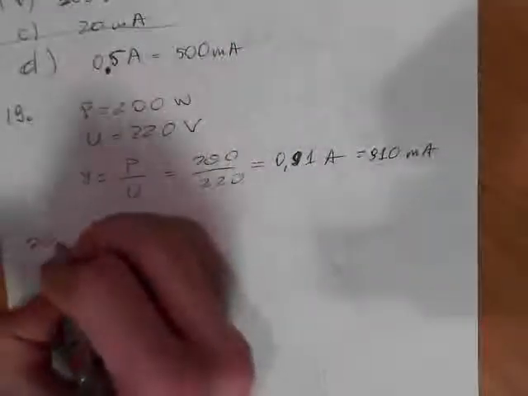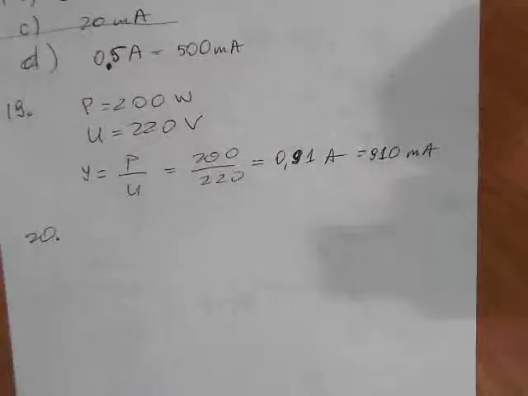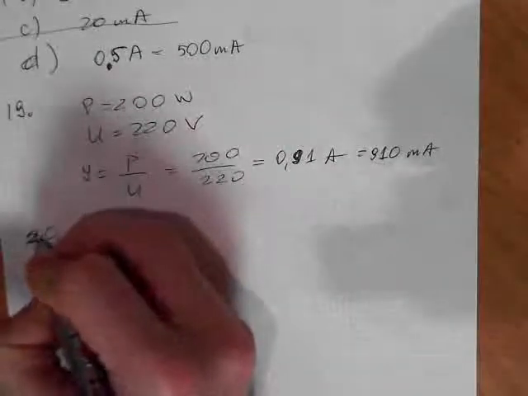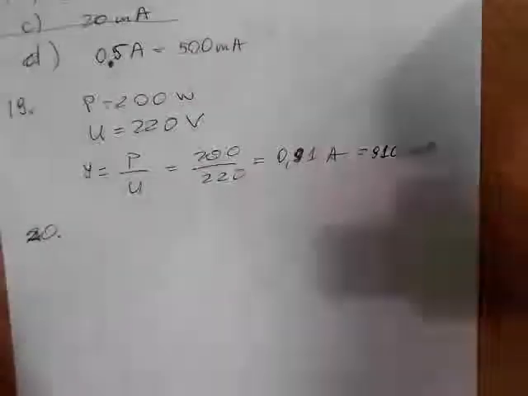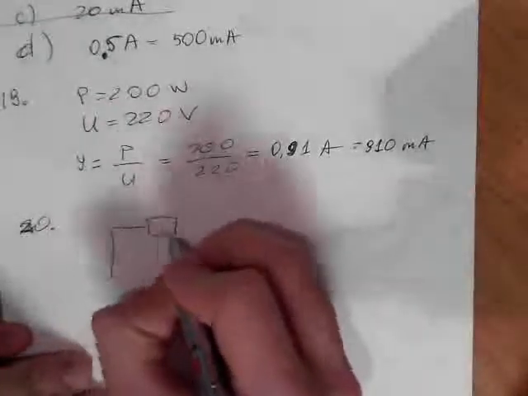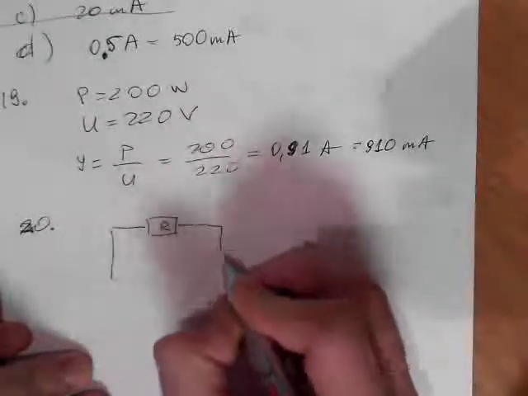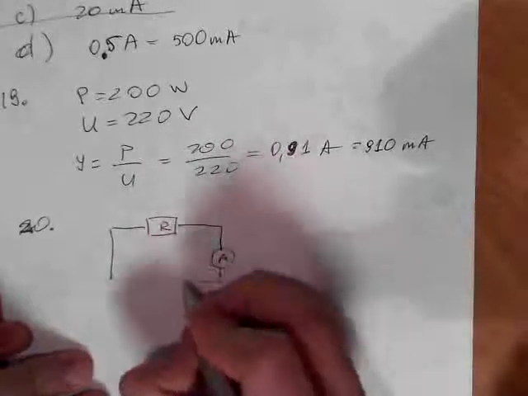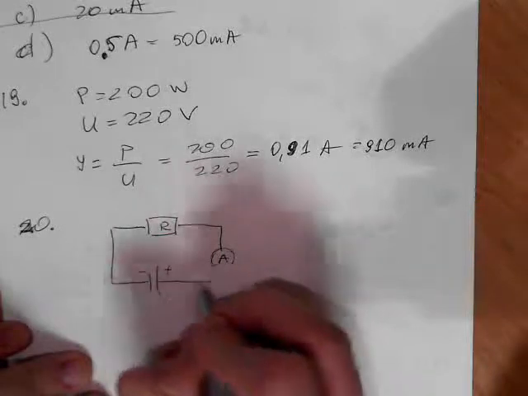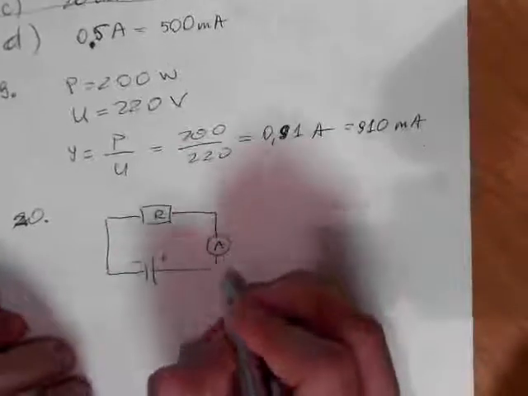20. How are voltmeter and ampere meter connected in electric circuits? Imagine, here it is resistance, here it is ampere meter, here it is the voltage device. The ampere meter is connected in series.